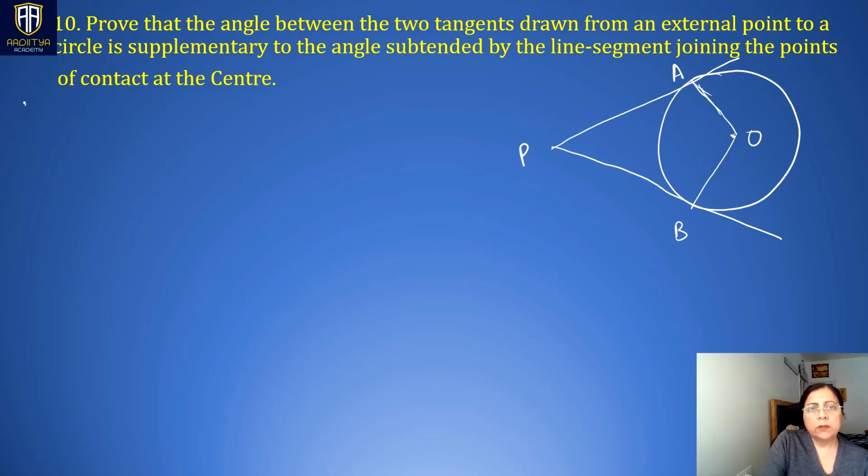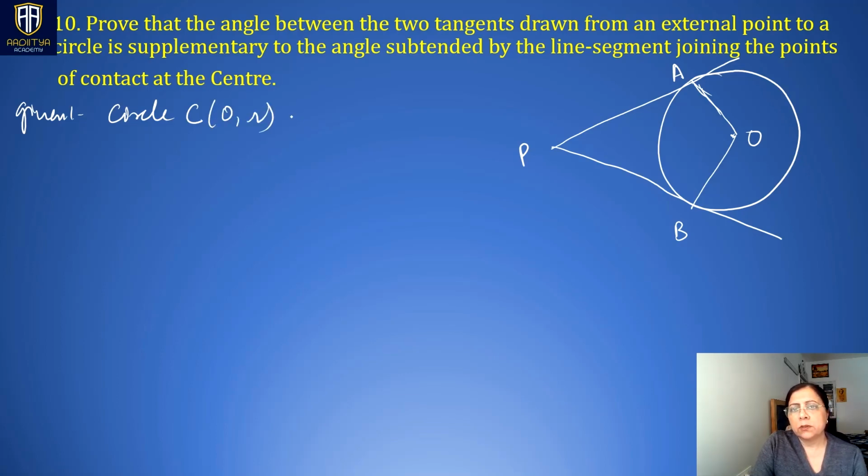So what we are given is a circle C with center O and radius R, in which PA and PB are two tangents.